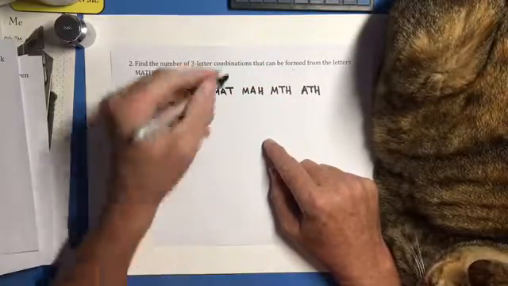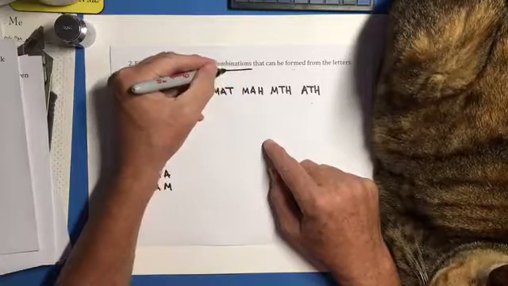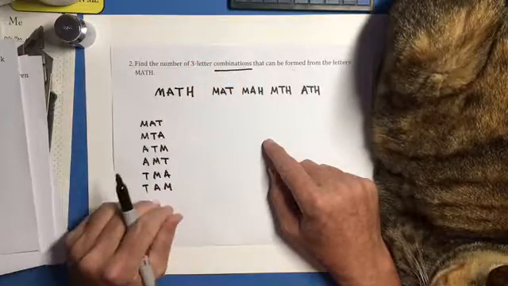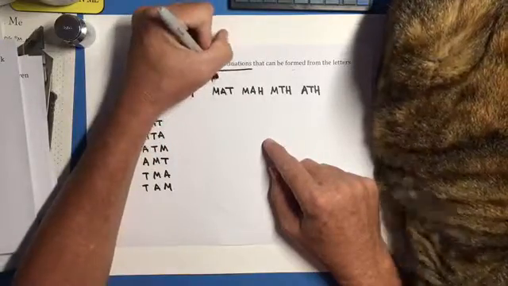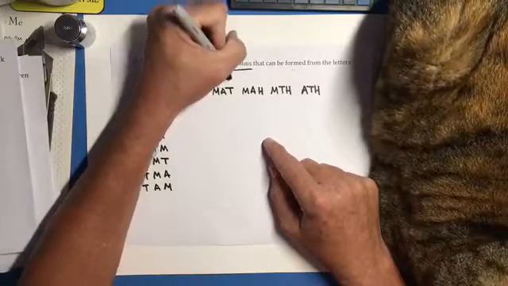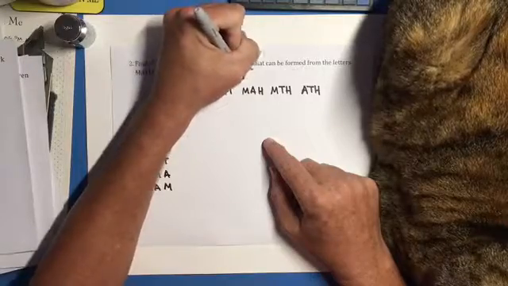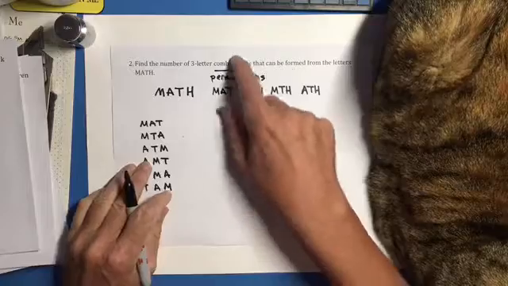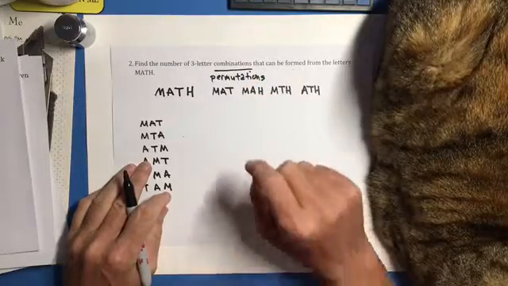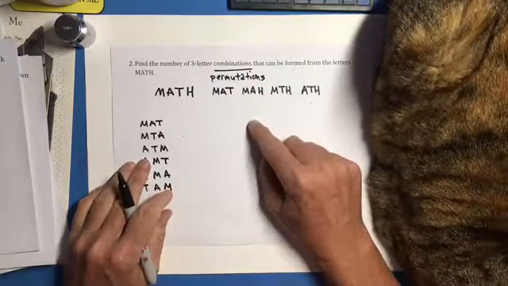Well, the answer is 4, and it's because of that word right there. In math, combinations has a specific meaning. We have 2 terms to throw about here, combinations and permutations. With combinations, order doesn't matter.